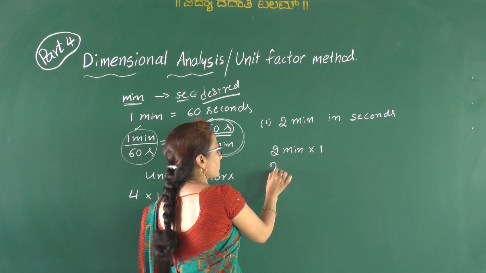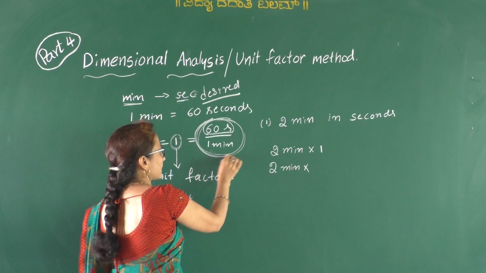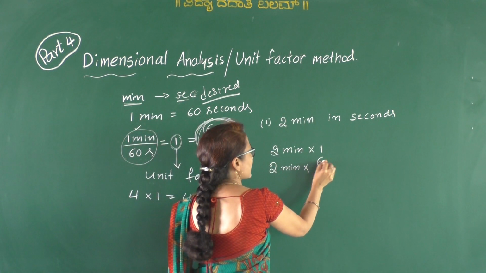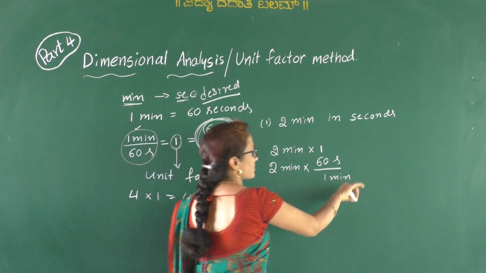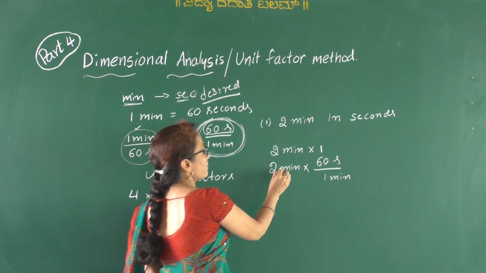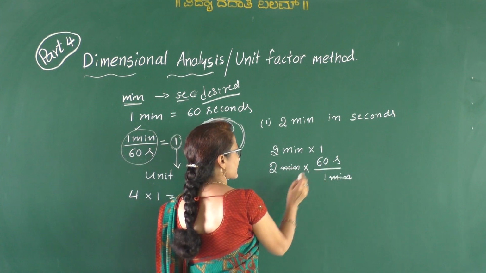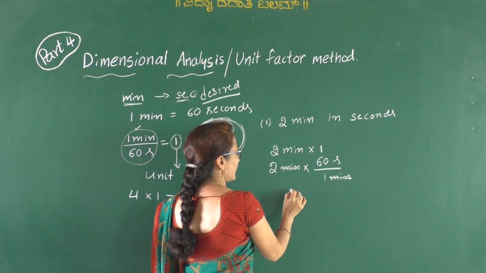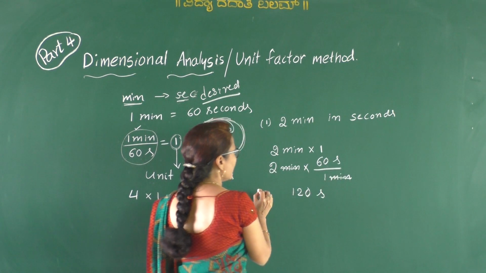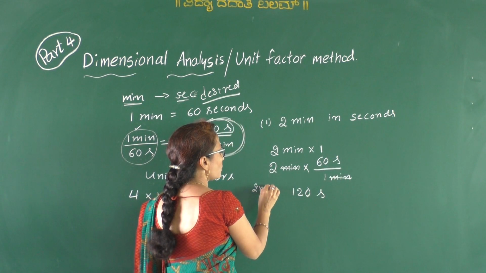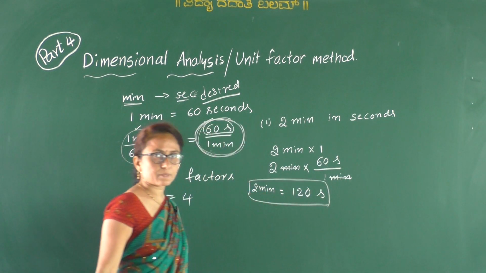So you multiply 2 minutes by the unit factor 60 seconds divided by 1 minute. The 1 minute cancels, then we get 2 into 60, which is 120, and the desired unit is second. So we can write 2 minutes is equal to 120 seconds. Clear?